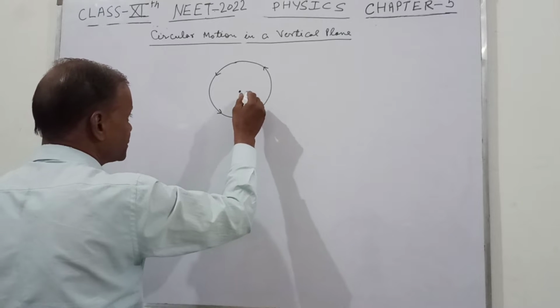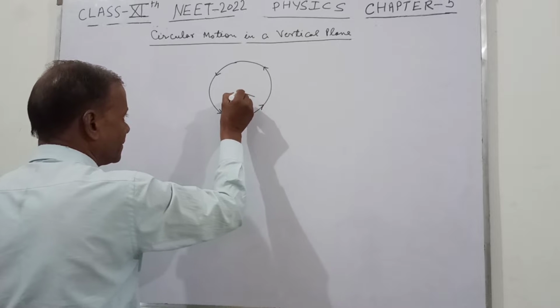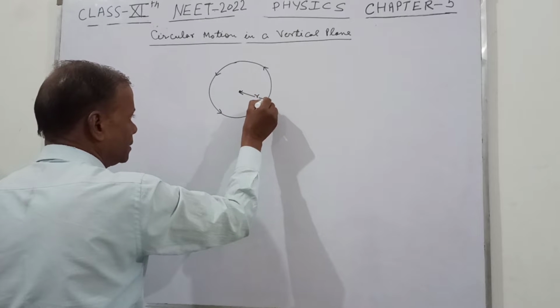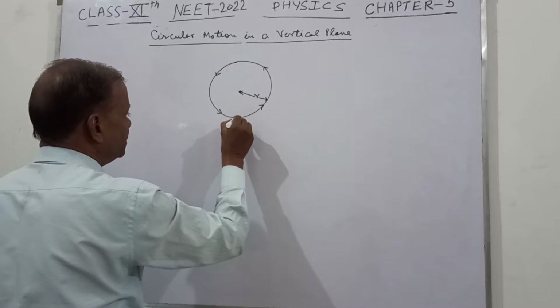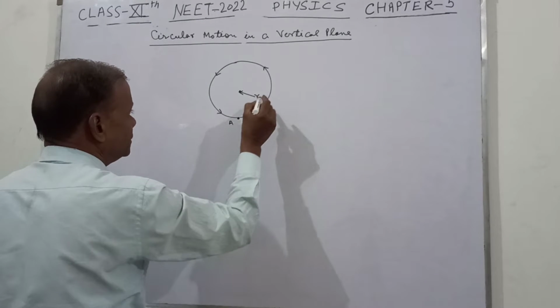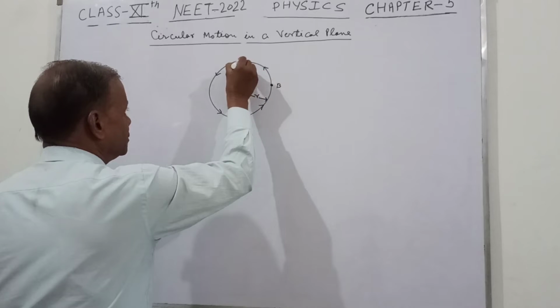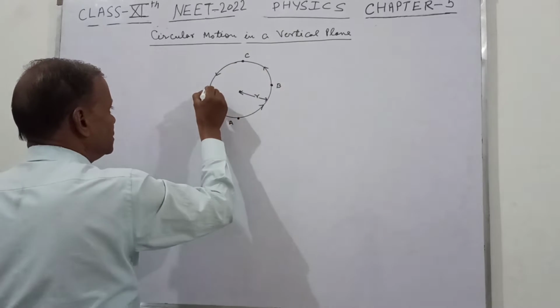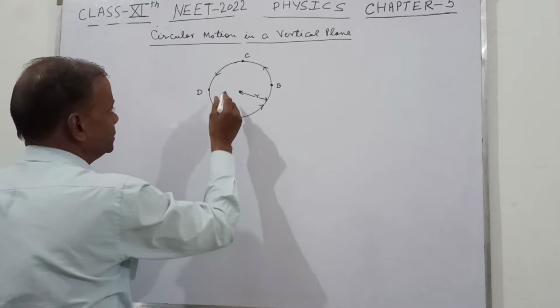This is the radius R. Suppose this is point A, this is point B, this is point C, and this is point D. This is the center.